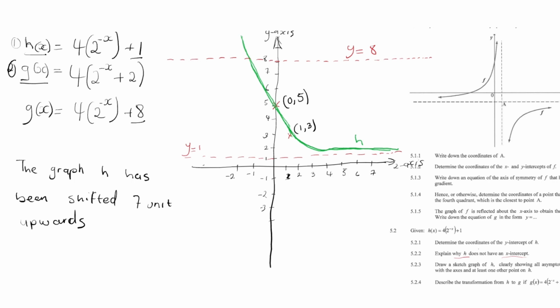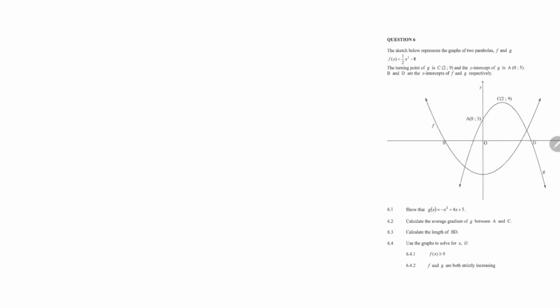Alright guys, let us move on to question 6. The sketch below represents the graph of two parabolas, f and g. f of x is equal to that, and the turning point of g is C (2, 9), and the y-intercept of g is A (0, 5).